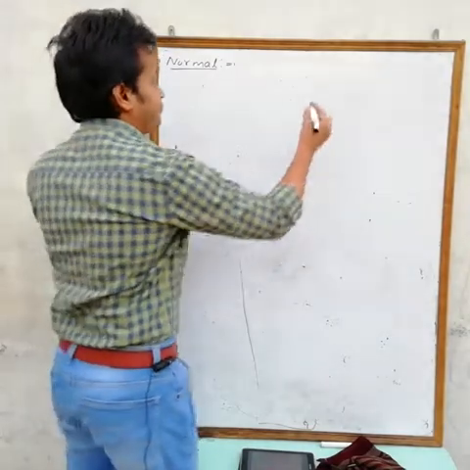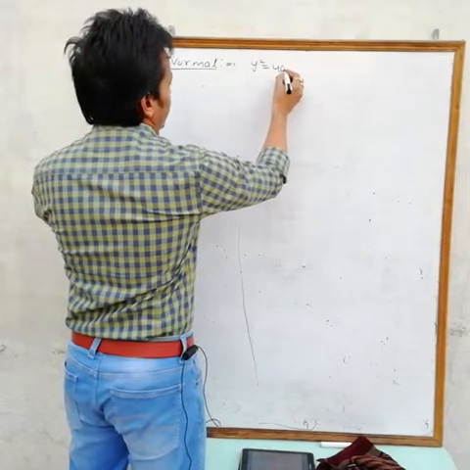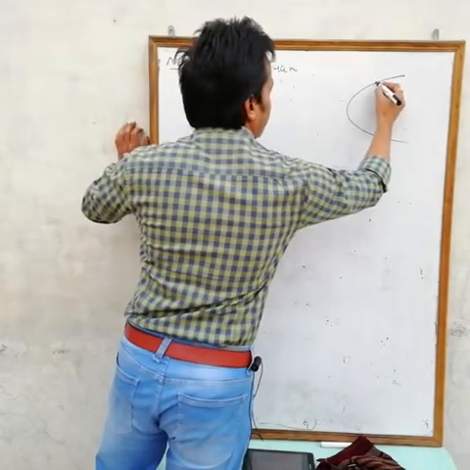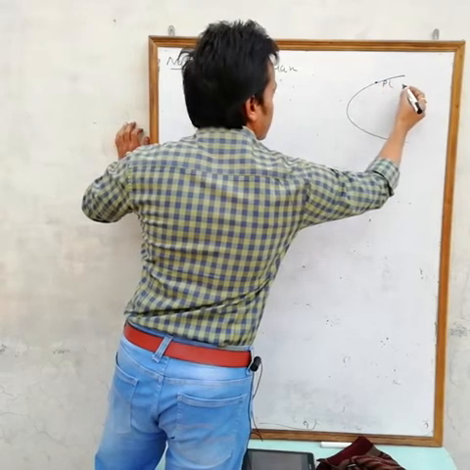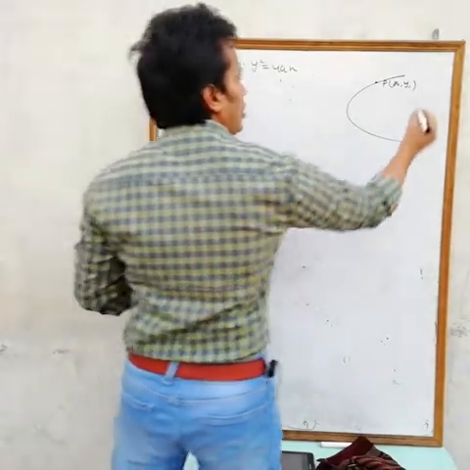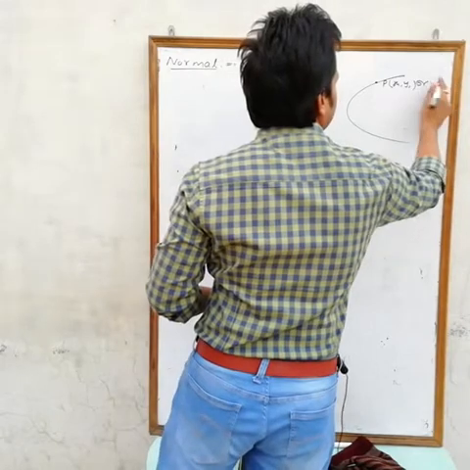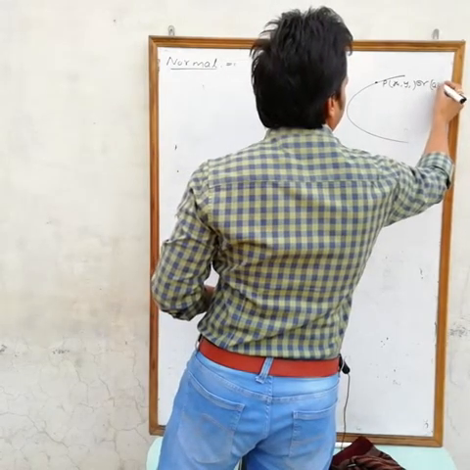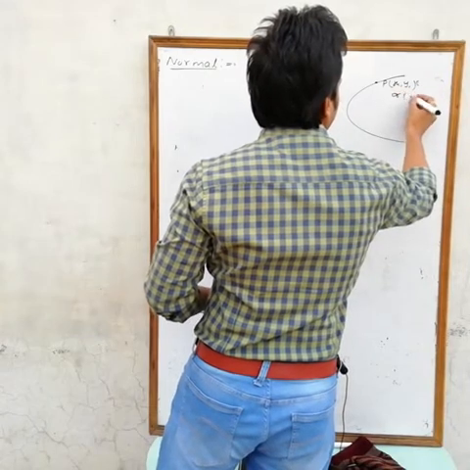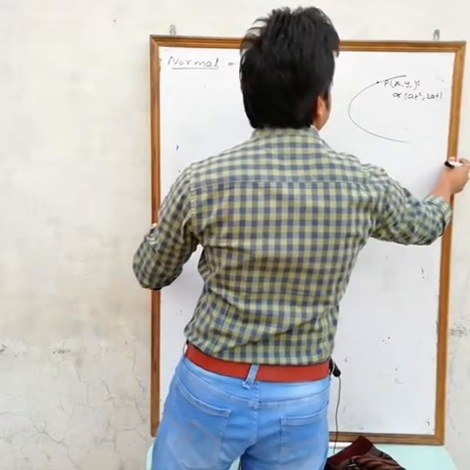Suppose we have the parabola y square equals 4ax, and you want the normal at this point P. In Cartesian form, suppose P is x1 comma y1, and if you want to write it in parametric form, then let P be at square comma 2at.